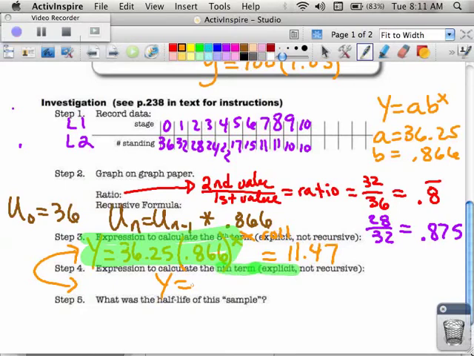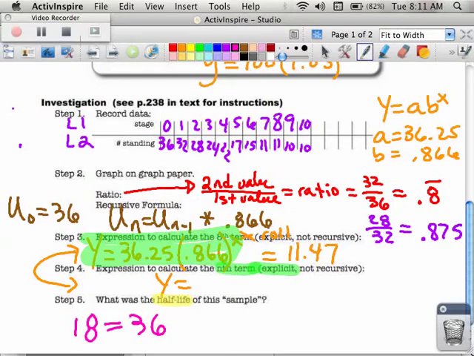Now, kind of the cool thing, because we have these calculators, when you see the phrase half-life, here's what you do. You look at your calculator and you go, okay, I started out with how many? 36. And if I started with 36, I want to end up with half of that, 18.